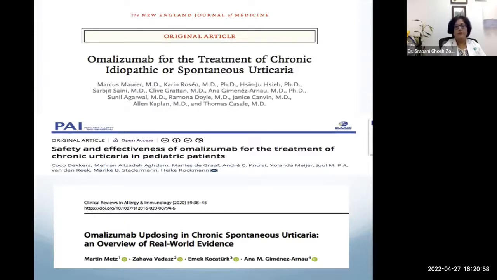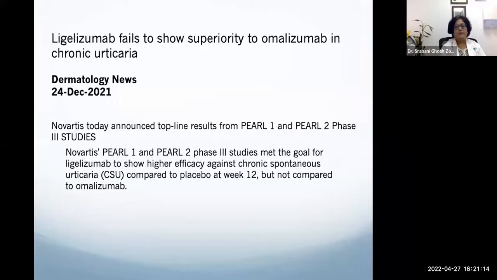So it's worth doing if the patient can afford it. It is a reasonably safe drug other than hypersensitivity reactions, for which you should monitor your patients up to 2 hours post injection. Apart from that, we didn't come across many side effects with this drug.